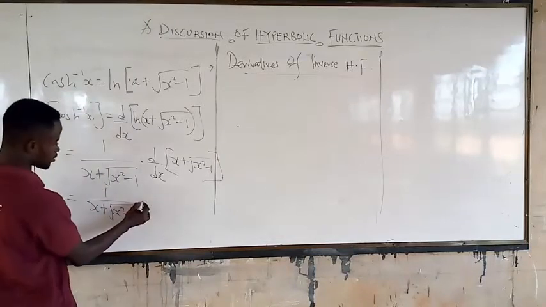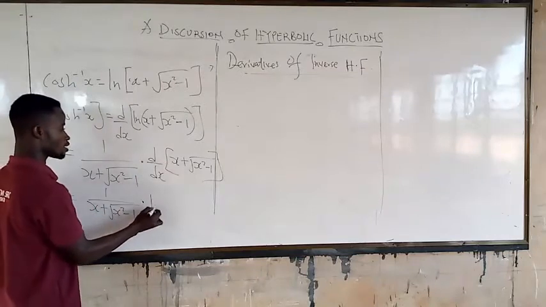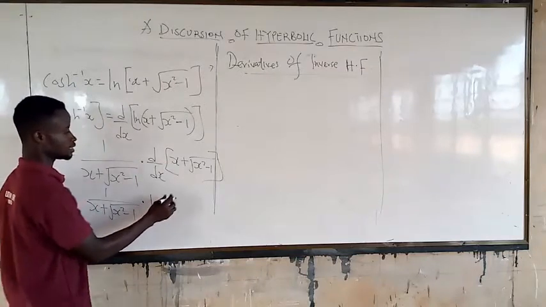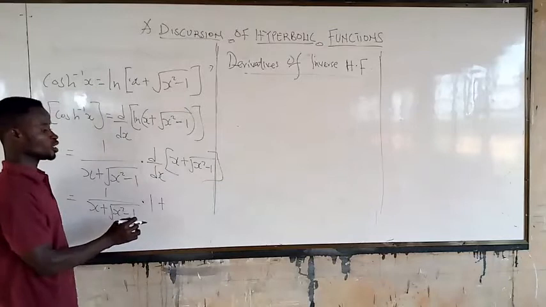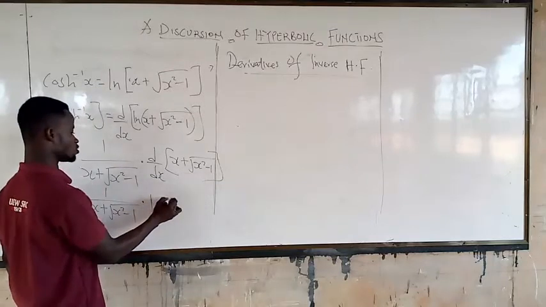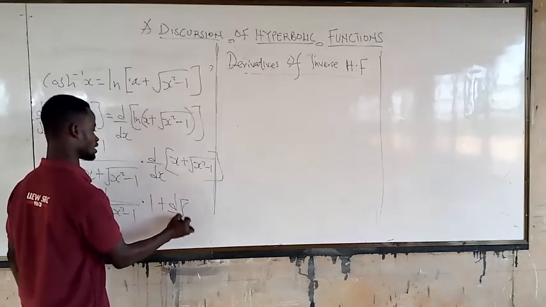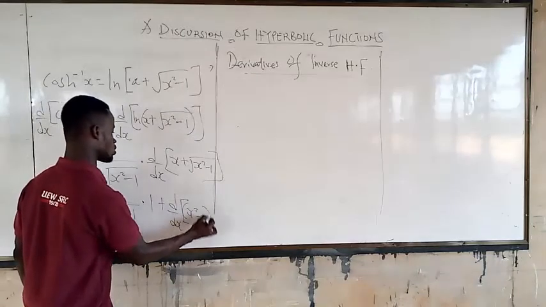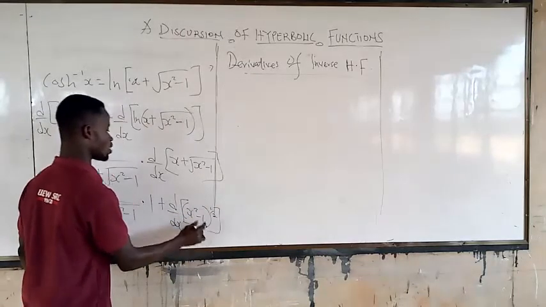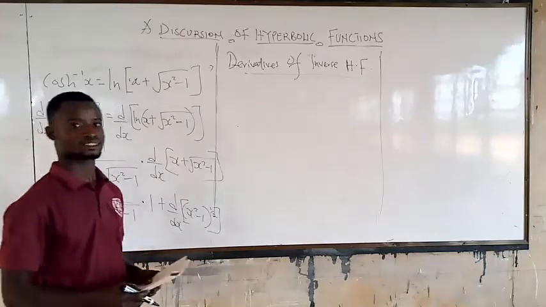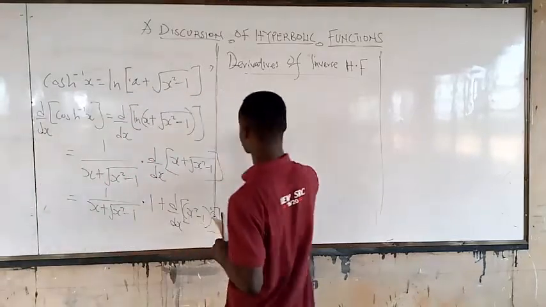multiplying by the derivative of this, which is 1 plus the derivative of this. Don't forget the derivative of the root; you don't repeat that step again. So this is like x squared minus 1 to the power of half.